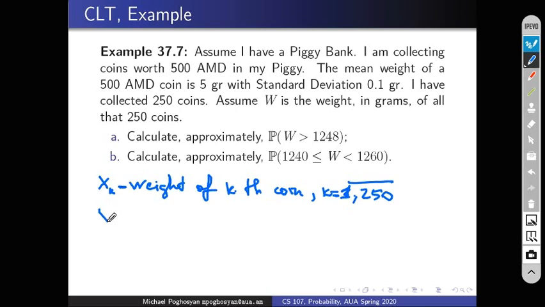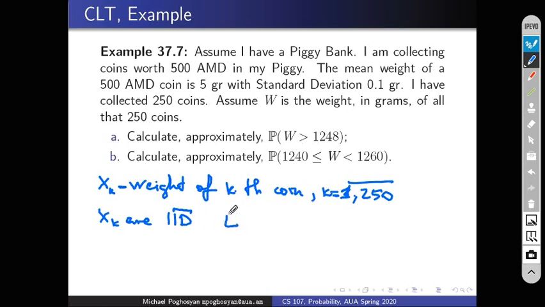Okay, the xk's are IID. They are independent. The first coin's weight is not dependent on the second coin's weight, at least I'm assuming that. And they are identically distributed. They are all coming from the hypothetical theoretical distribution of weight of a 500 AMD coin.